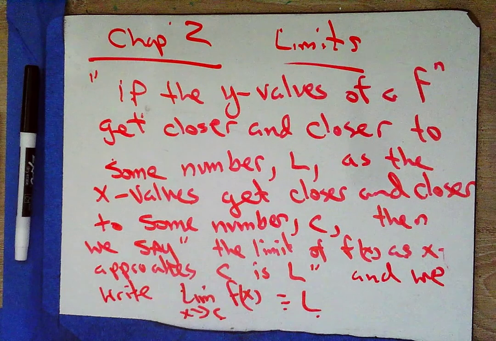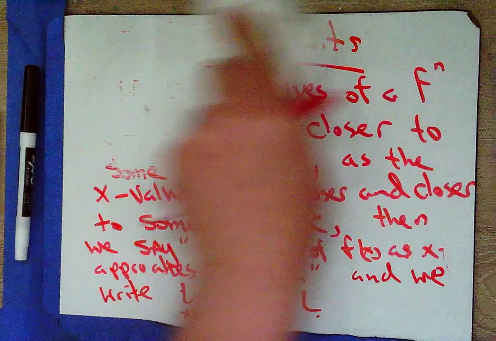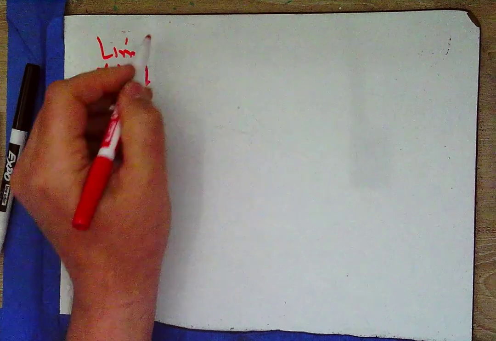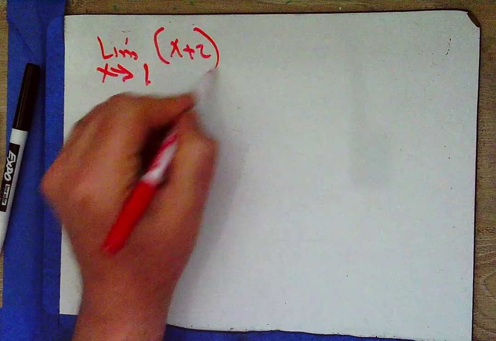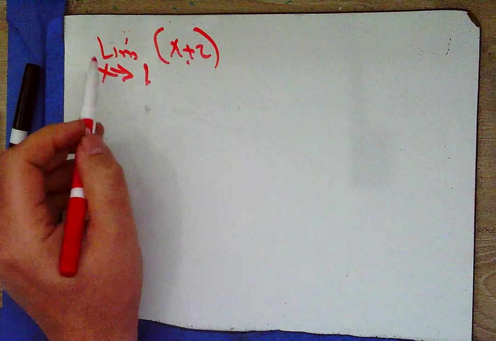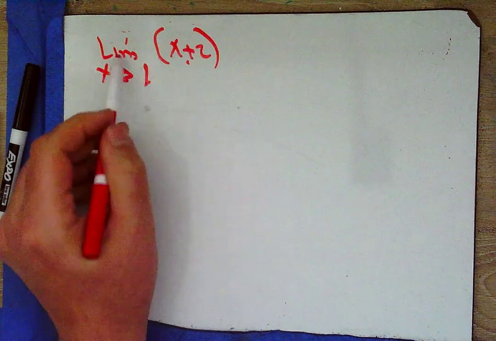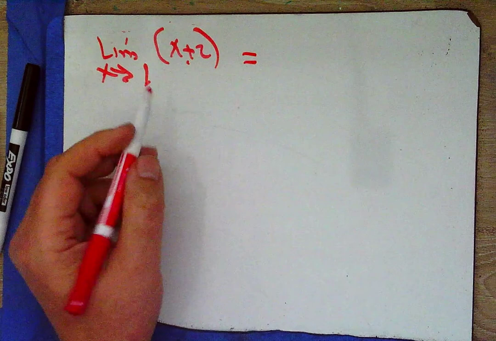All right? Now, I imagine that for many of you, this still doesn't make any sense. So let's take a look. The limit as x approaches 1 of x plus 2. Okay? So there's my function, and the x's are headed towards 1, and I want to know what value the y values are approaching.